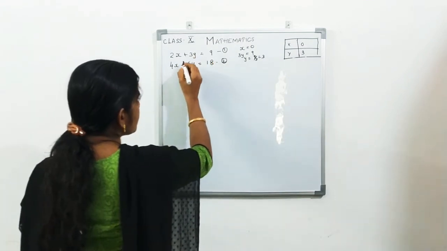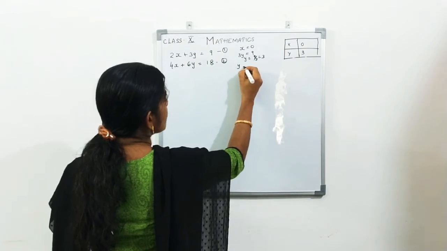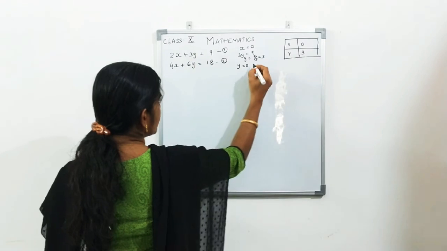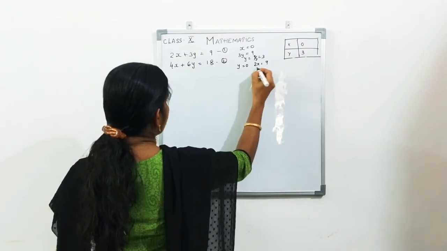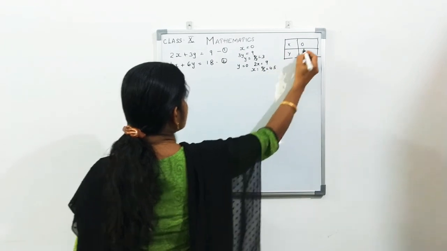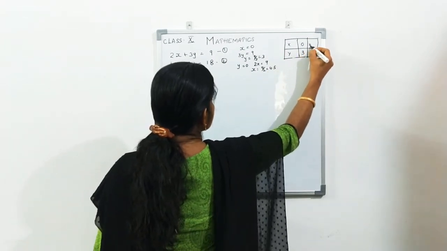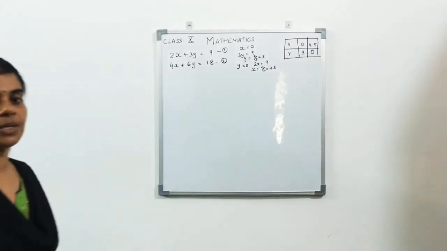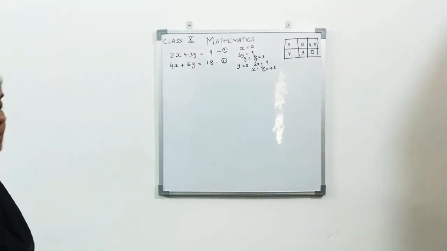Next I am giving y is equal to 0. Then 3y becomes 0, so 2x is equal to 9. Therefore x is equal to 9 by 2, that is equal to 4.5. When x is equal to 4.5, y will be 0. For the first equation you got two solutions.